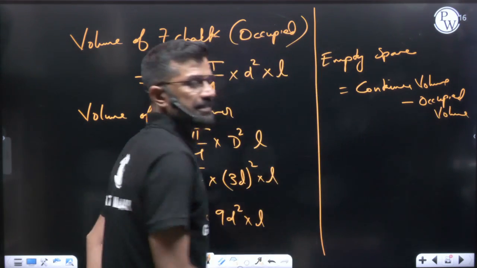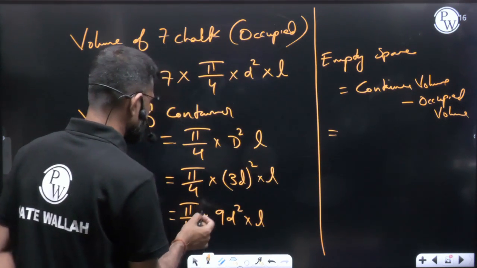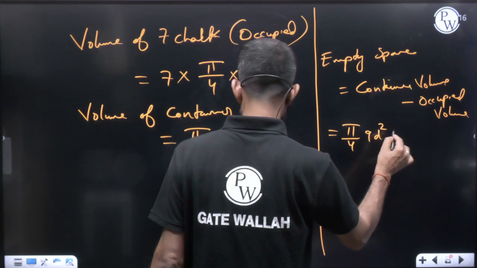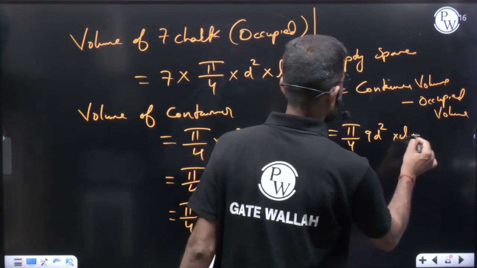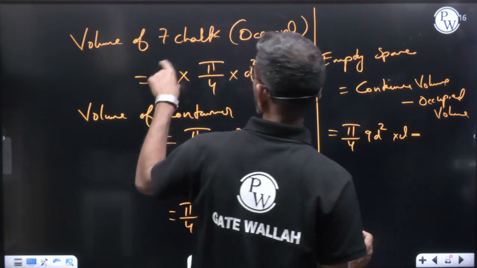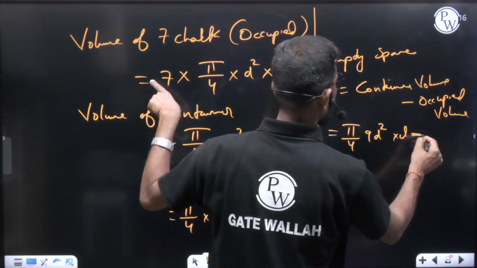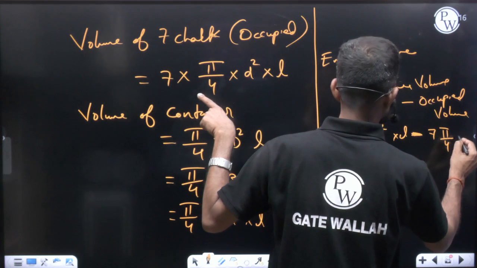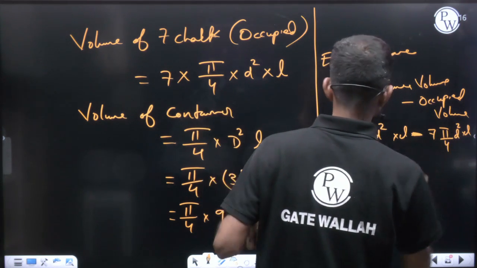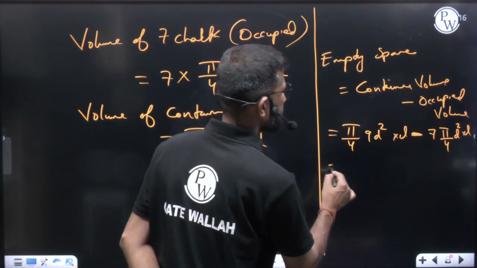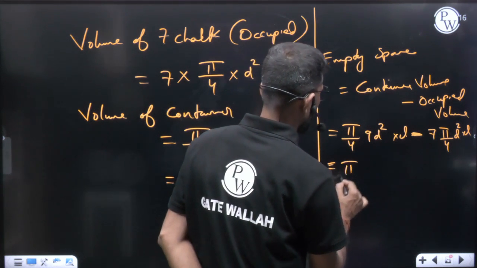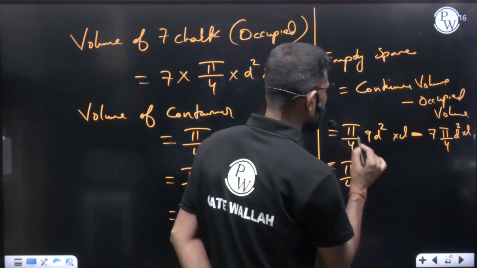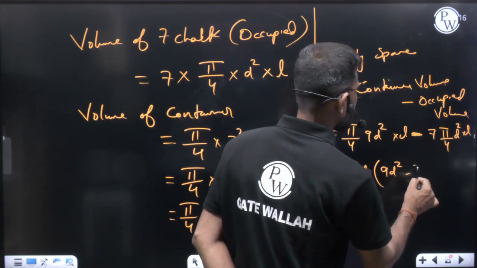The container volume is pi by 4 into 9 d square into L, minus the occupied volume, that is the 7 chalk pieces, 7 pi by 4 into d square into L. Now if you take pi by 4 common, and L also common, it will be 9d square minus 7d square.